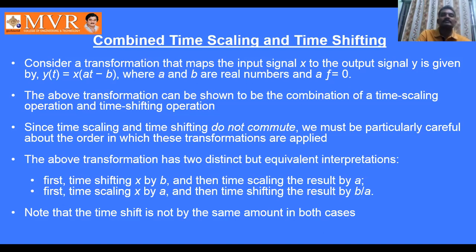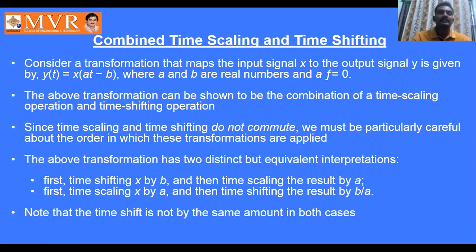That's why it is represented as y of t equal to x of at minus b, where a and b are real numbers, and a is not equal to 0. The above transformation can be shown to be the combination of a time scaling operation and a time shifting operation.